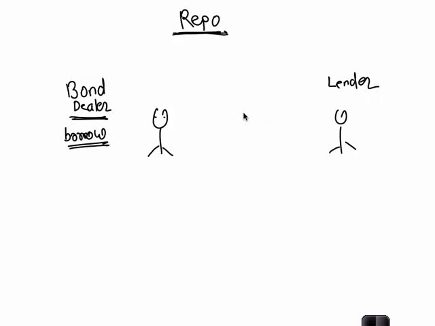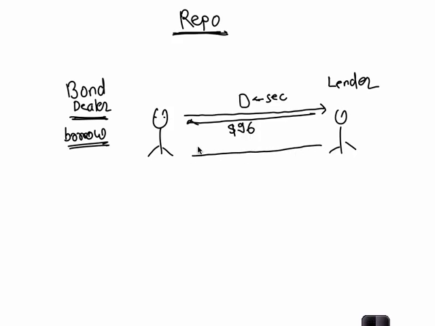The bond dealer will give him a security, at a price of, let us say, 96. So he will receive $96 from the lender, and he will make a promise that after a few days that security would be bought back, at a price of 100.